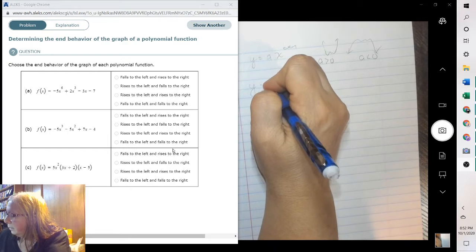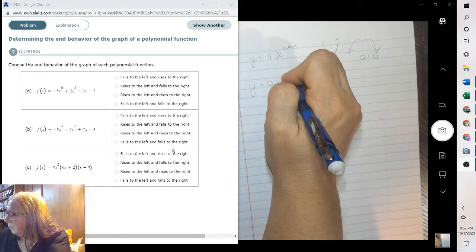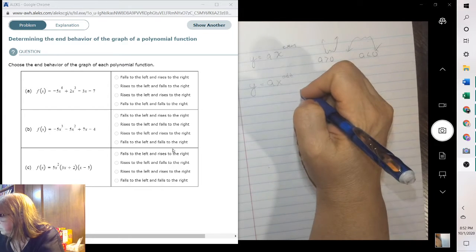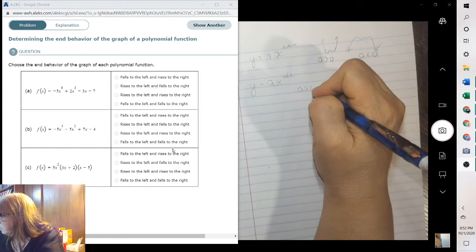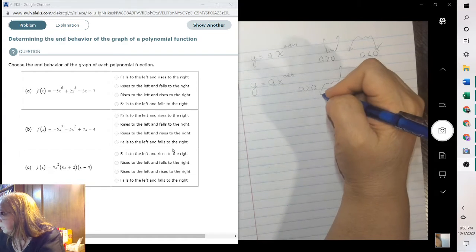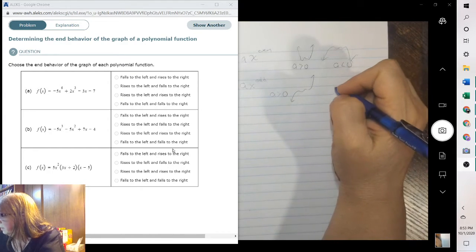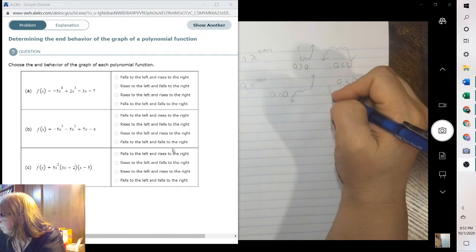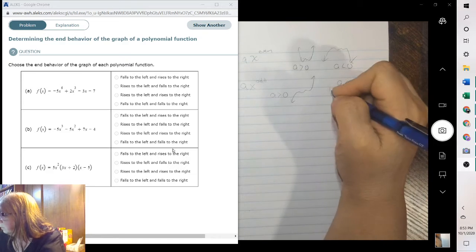If the power is odd, then it looks like the snake function. When a is greater than 0, it's going up, and when it's less than 0, it's going down with some bumps in the road.